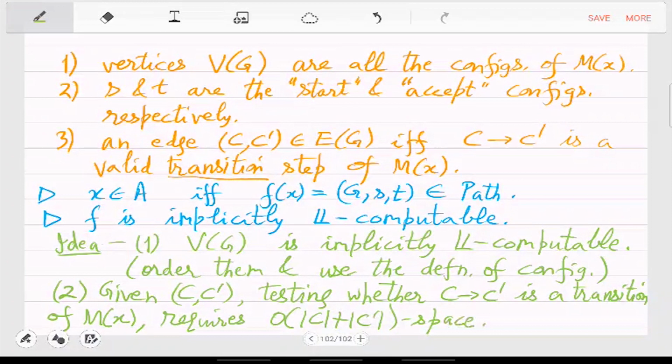So this whole thing is doable in log space. You just have to compare the entries in basically one position to see whether C to C prime is valid, right? So that is again log n space.